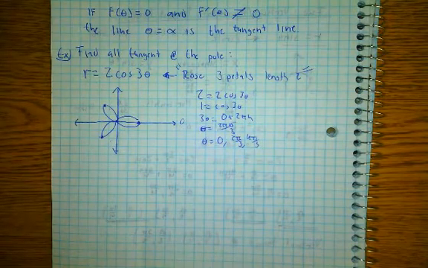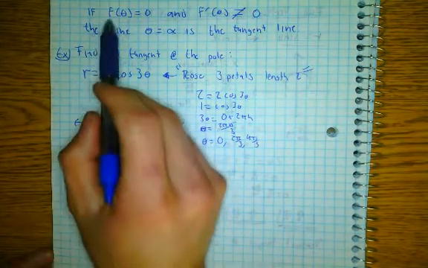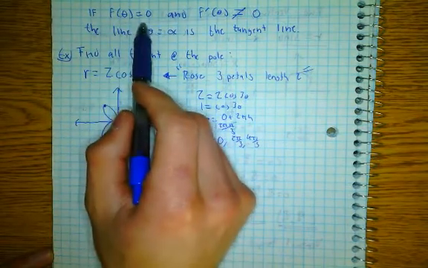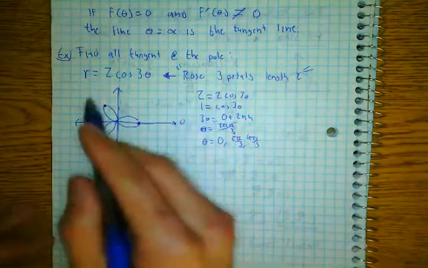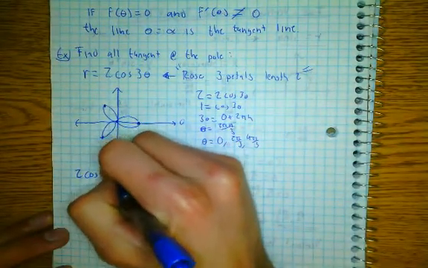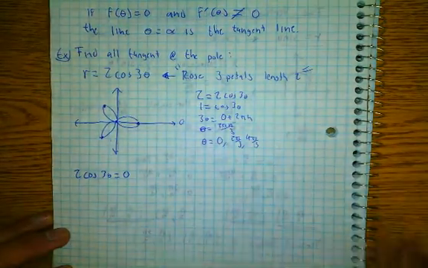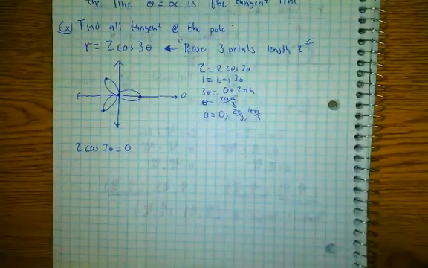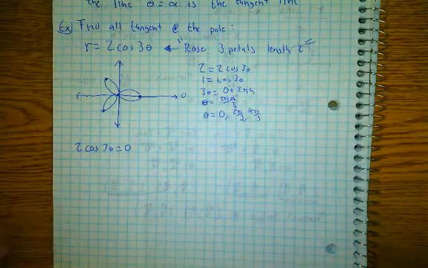So it says, to find the tangent lines at the pole, you need to do what first? Set your function equal to 0. So what is your function? In this case, it's 2 cosine 3 theta. So 2 cosine 3 theta equals 0.